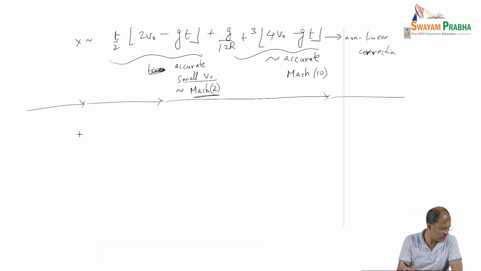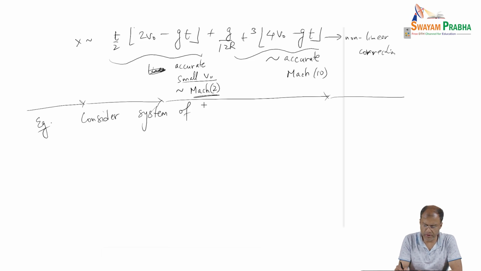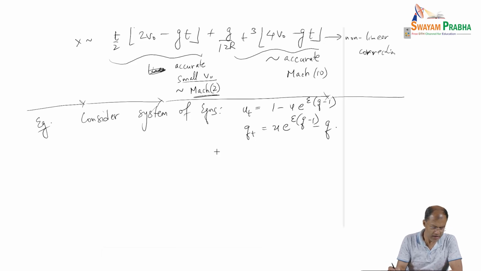So in the second example, we consider the system of equations. u_t is 1 minus u times e to the power epsilon q minus 1, and q_t is u times e to the power epsilon q minus 1 minus q, and we have u at 0 equal to q at 0 equal to 0.